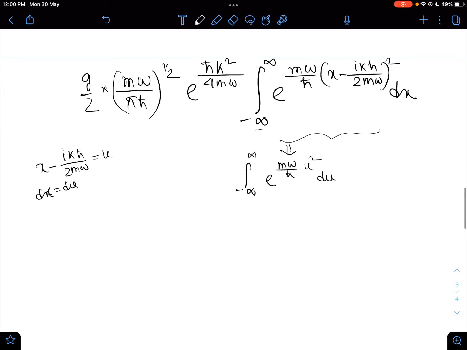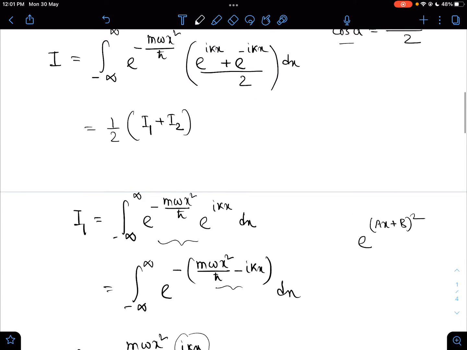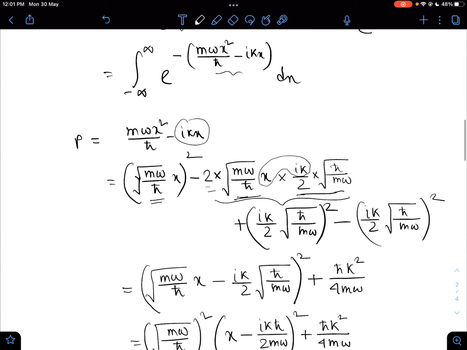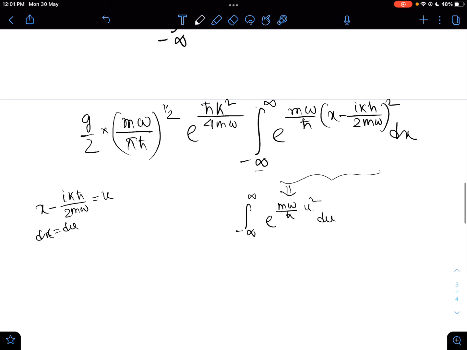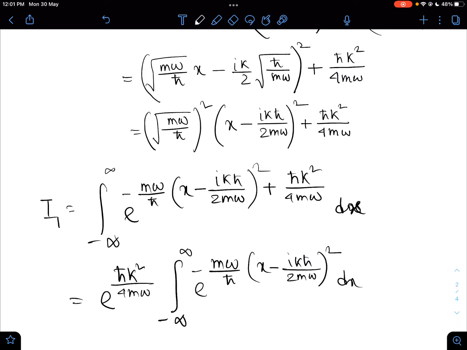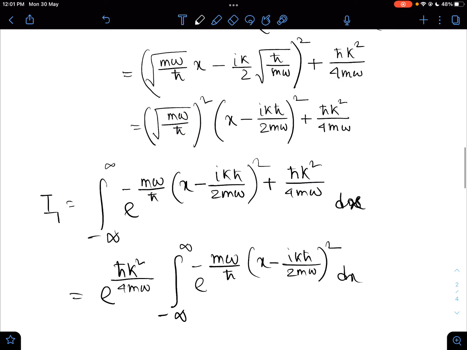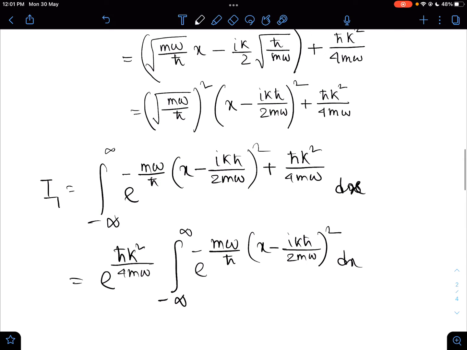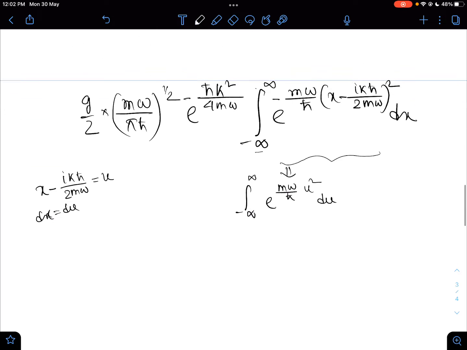Okay, basically we have a minus here. I forgot to include this minus, so all of this will have a minus. Now this is fine.